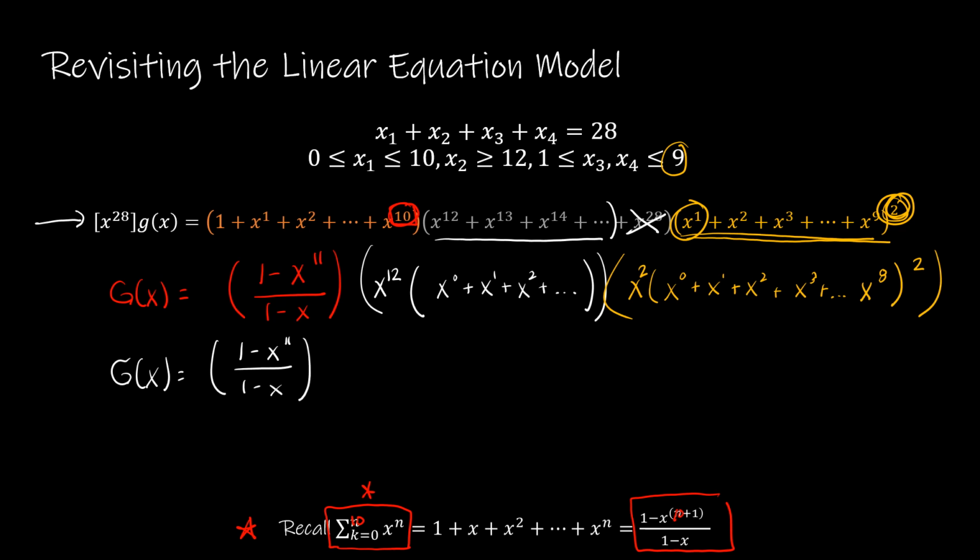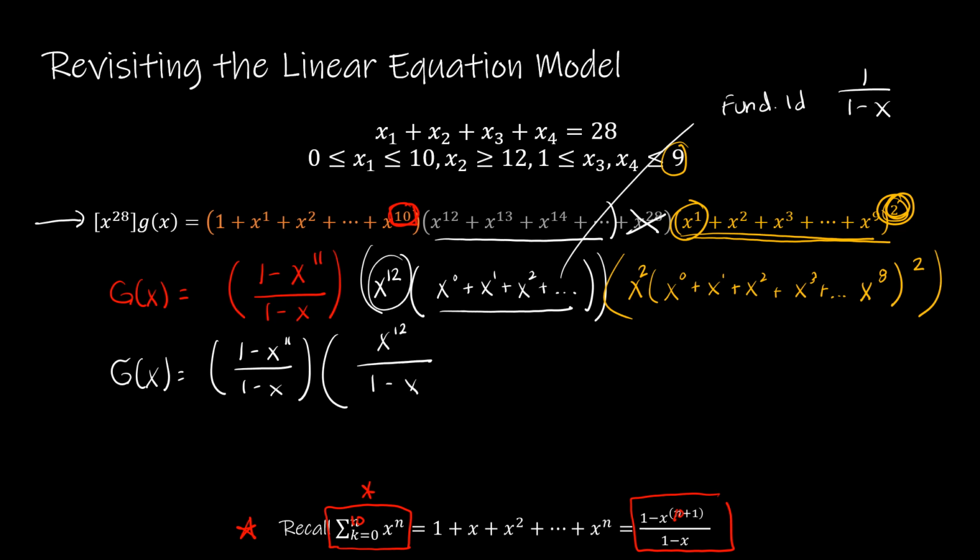For that middle value, I have x to the 12th, and then I have x to the 0 plus x to the 1st. Hopefully you recognize this is the fundamental identity, which means I can rewrite it as 1 over 1 minus x. So instead of 1 over 1 minus x, I'm going to write it as x to the 12th over 1 minus x. So I'm writing all of that together.